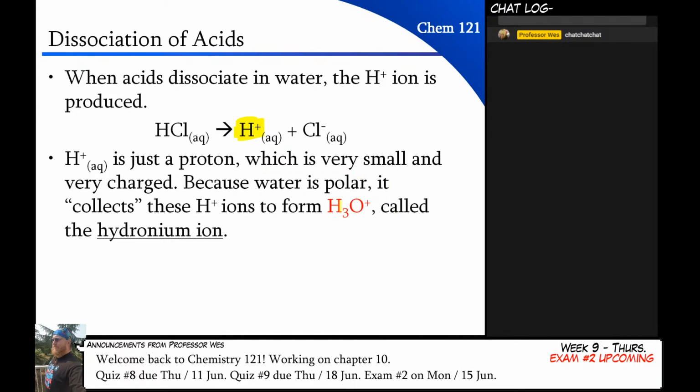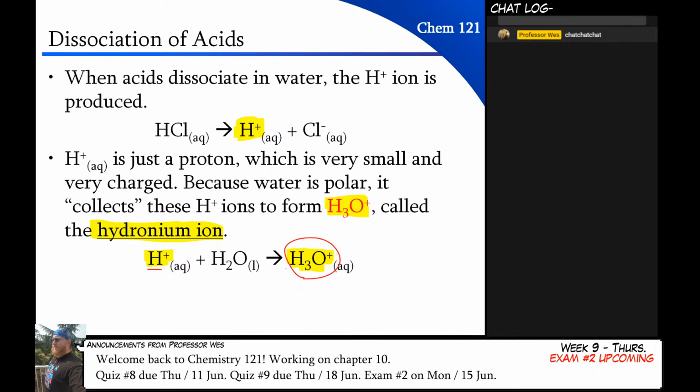What it becomes is this. This is called hydronium. Hydronium is more or less just how acids exist in water. Now, in chemistry, some people use this notation and some people use this notation. Either one works, but this one is probably the most correct at describing what we observe in the solution.